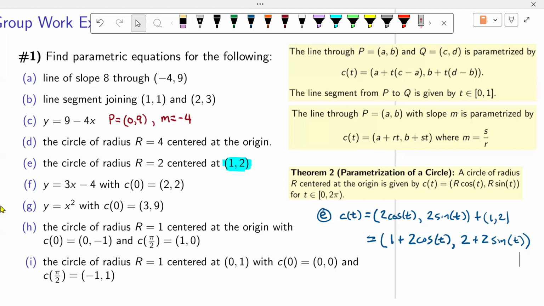The (2, 2) is a good choice because if you plug t equals 0 into this equation, you get (A, B). So if you want to make sure that your c of 0 is (2, 2), you better make sure that your A is 2 and your B is 2. And then it all works out.